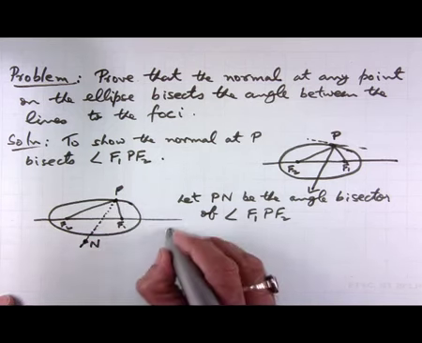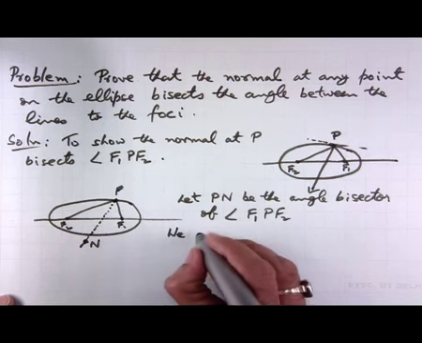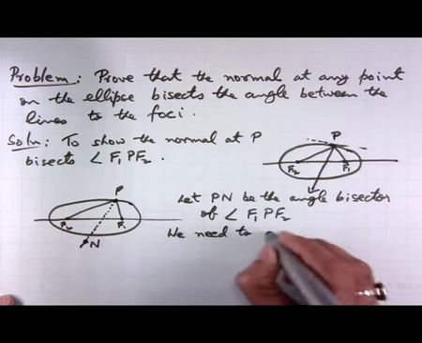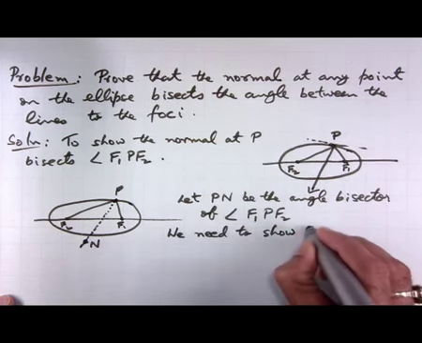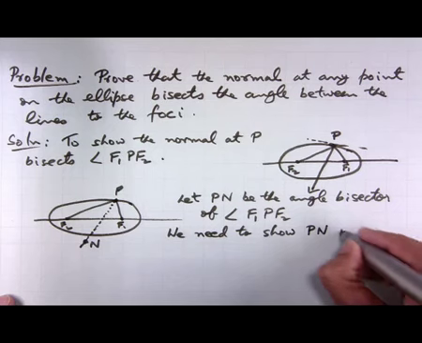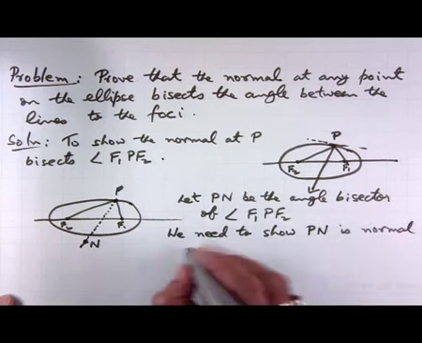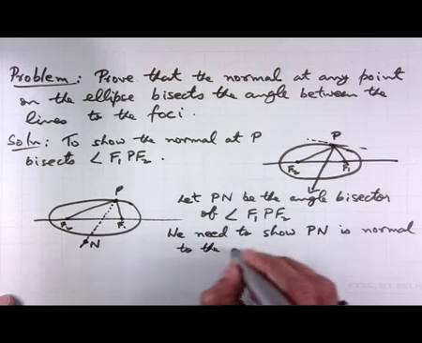So, we need to show that P N is normal to the ellipse.